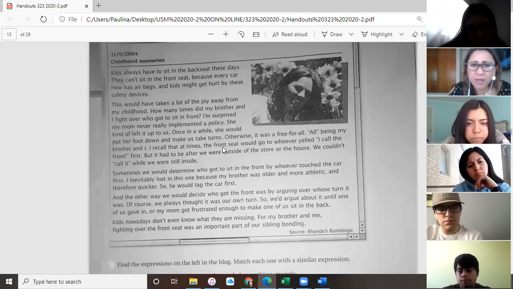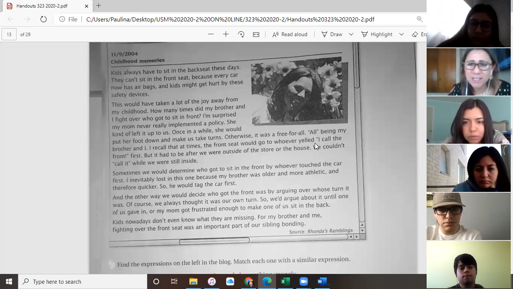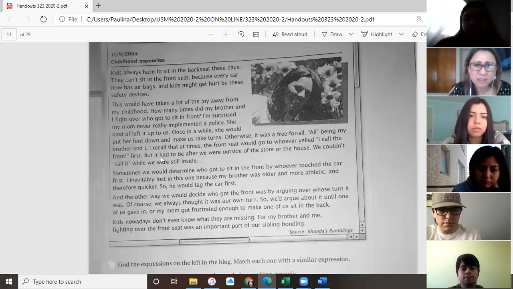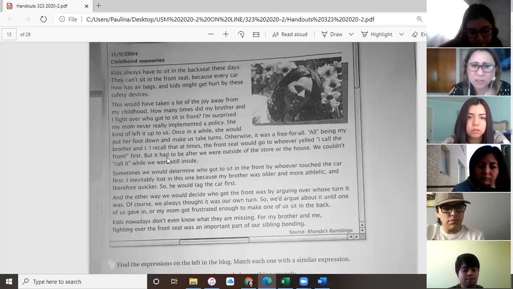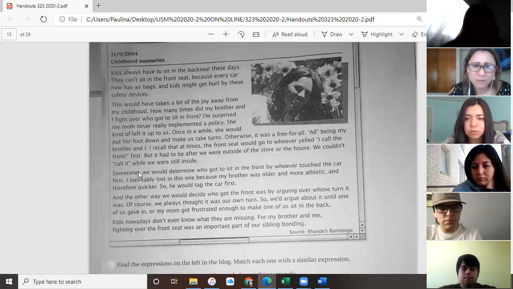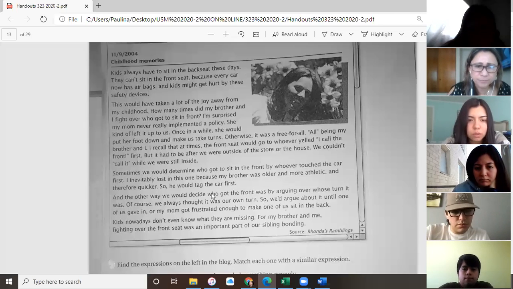Okay, here, the front seat would go to whoever yelled, I called the front. Yes, this is past, but it had to be. We couldn't call it. It's past tense, the past tense of can. Any other examples in past tense?